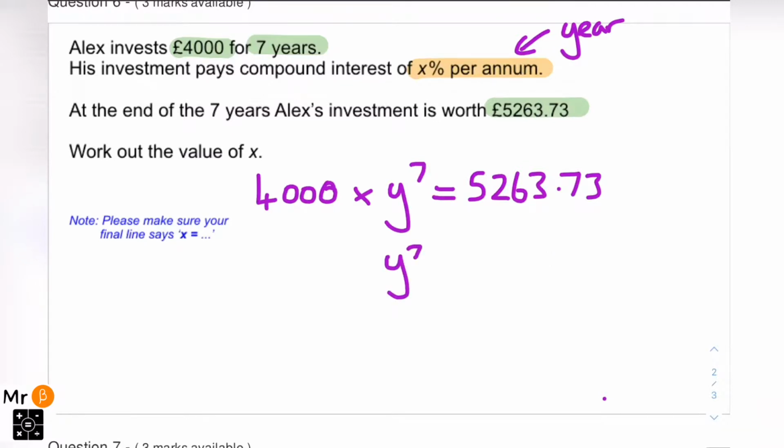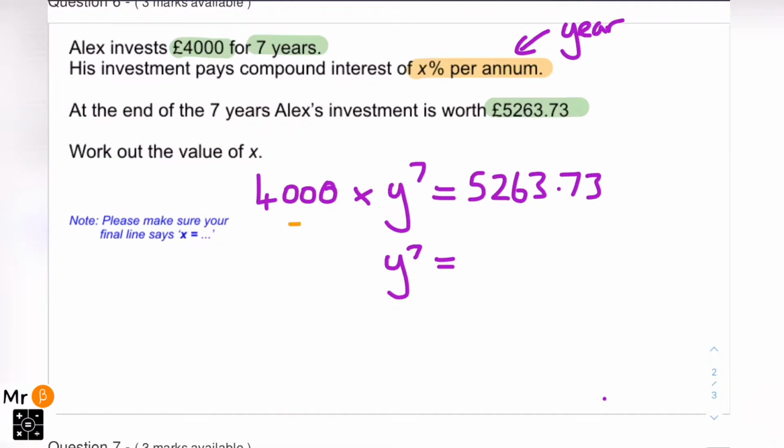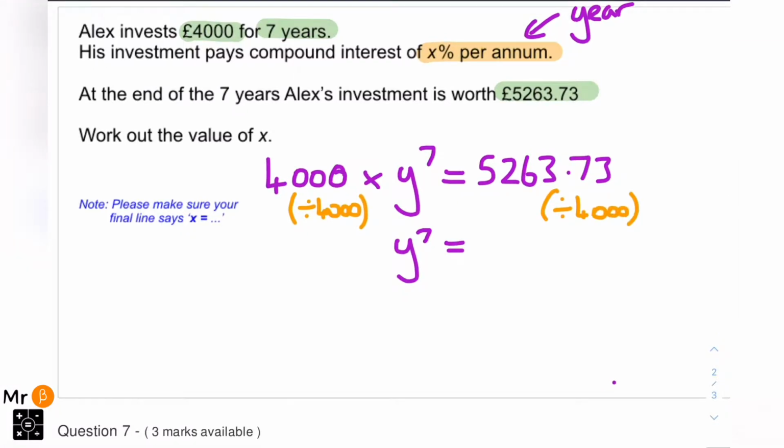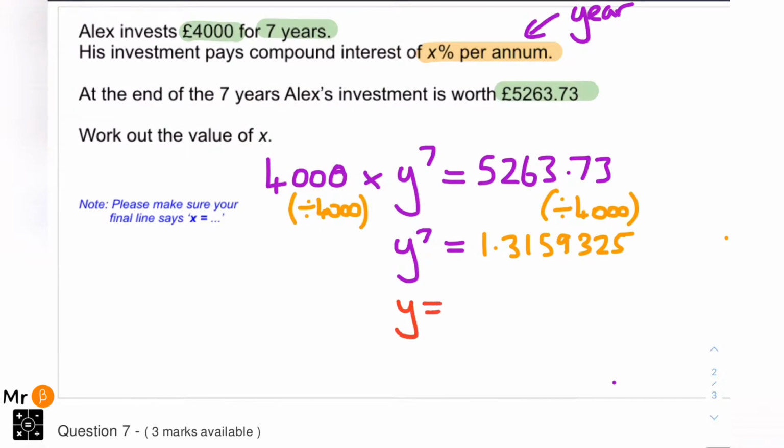So to begin with, we need to get rid of this 4,000 times. To do that, we divide both sides by 4,000. That's equal to 1.3159325. We then need to work out what y is. We can do that by doing the 7th root of our answer button.